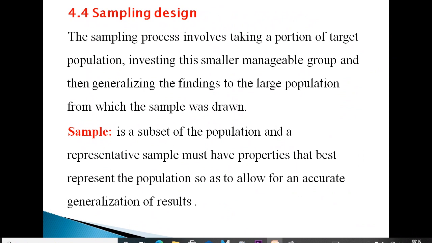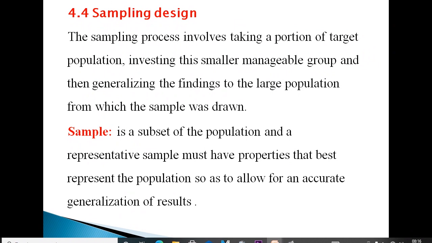After showing his research population, the researcher moves on to what we call sampling design. The sampling process involves taking a proportion of the target population, investigating this smaller manageable group, and then generalizing the findings to the larger population from which the sample was drawn.